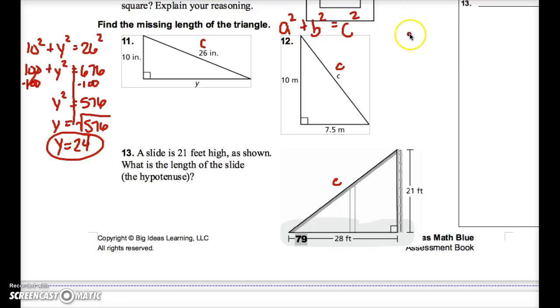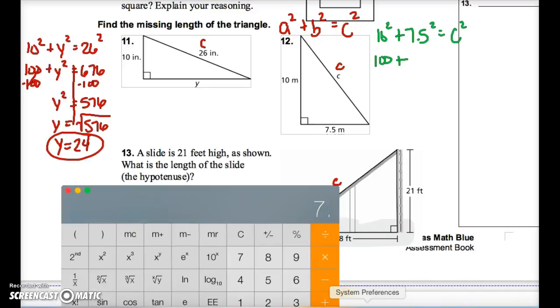Okay, exact same process on 12. Plug in my numbers. This time I'm trying to find c. So we have 10 squared plus 7.5 squared equals c squared. Well, 10 squared is 100. 7.5 squared looks like is 56.25.